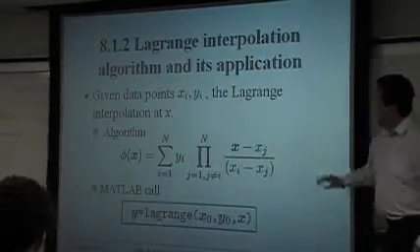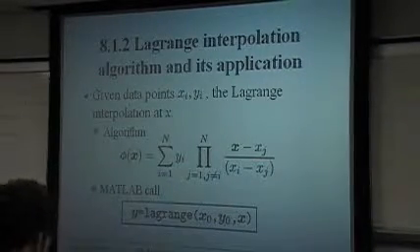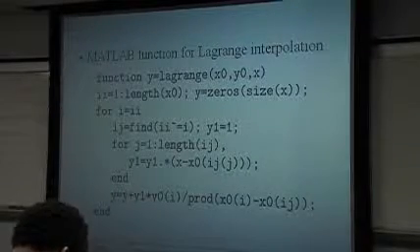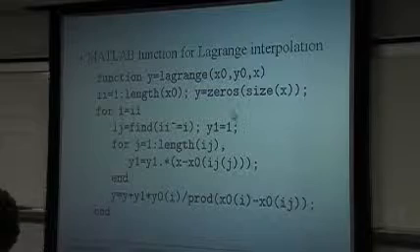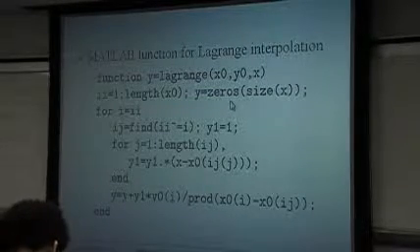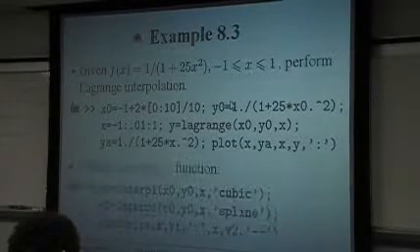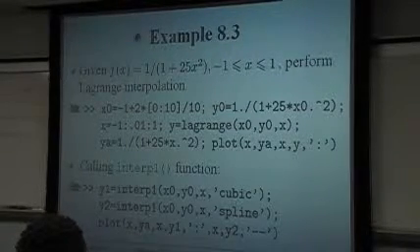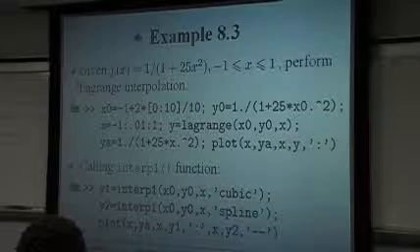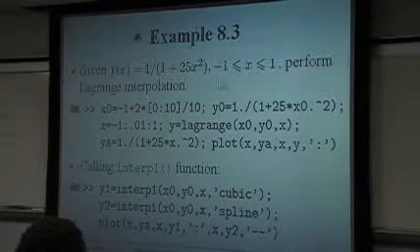And this algorithm can be programmed in Matlab like this, and you can call the function to perform Lagrange interpolation. There is a countervailing example for that kind of interpolation. Suppose the original function is something like this.